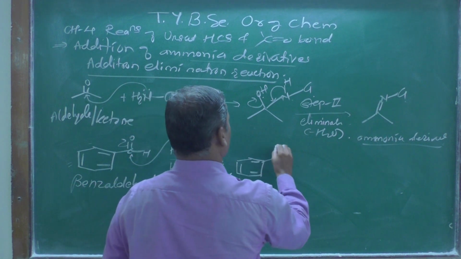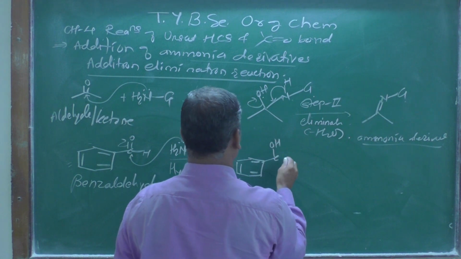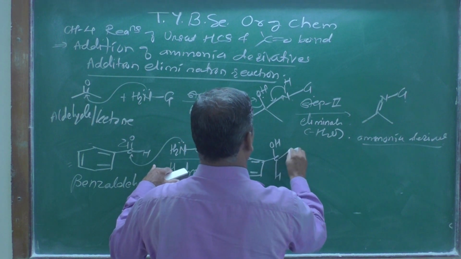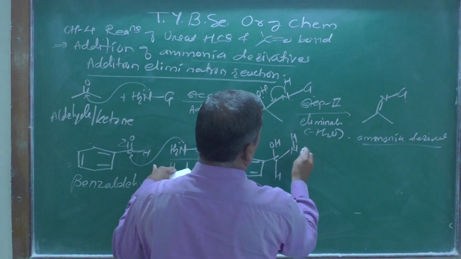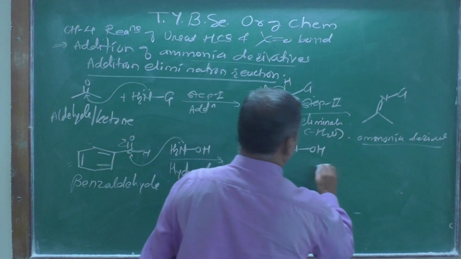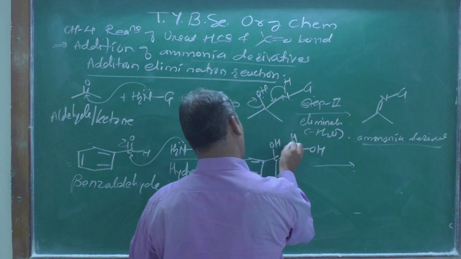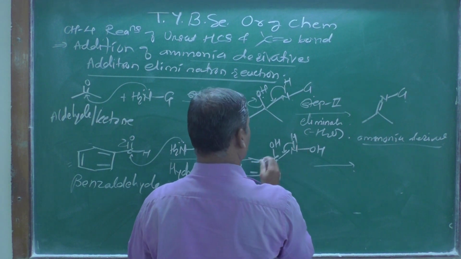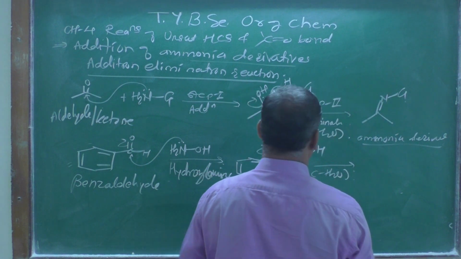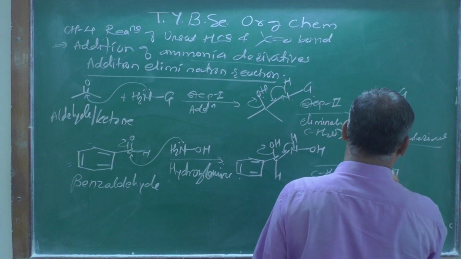Here there is an OH, and then here you can write H, and this NH, and there is an OH, right? Now this one is an addition reaction, now the elimination: one hydrogen atom forms a double bond where there is elimination of a water molecule, and the product formed is this one.